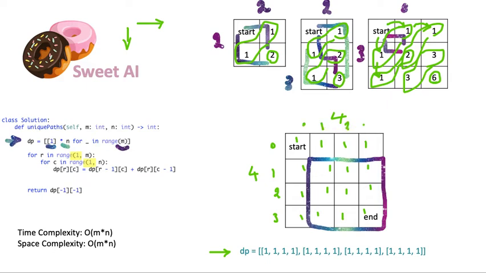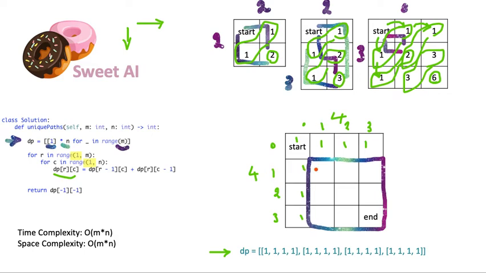So let's iterate over this grid and replace all the ones with the new number, which is the number of unique paths. Let's assume we're just going to replace them. We start at 1 and 1.